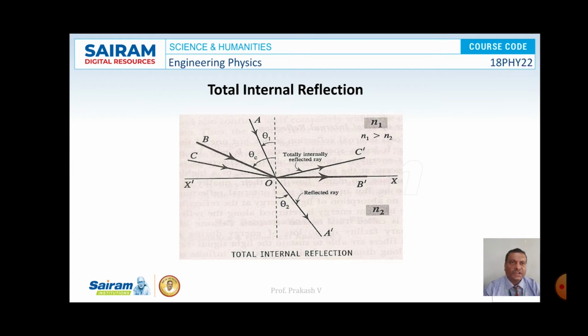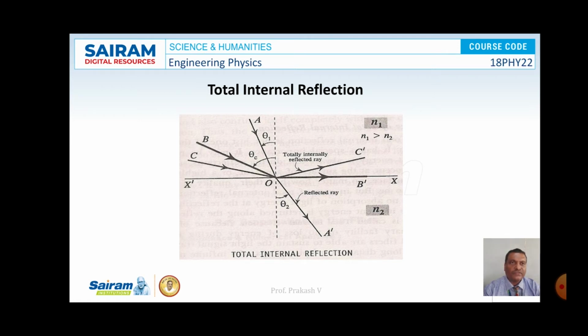For a particular angle of incidence, say theta c, that is BO, the refracted light travels along OB dash, and the angle of refraction theta 2 is found to be 90 degrees. In the third case, the angle of incidence is CO, which is greater than the critical angle.